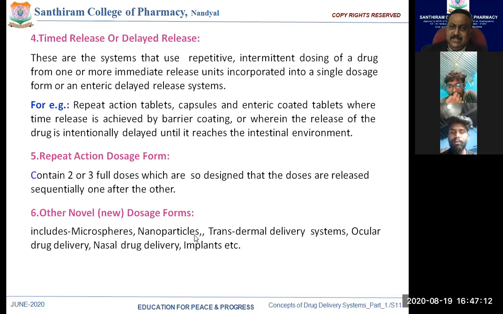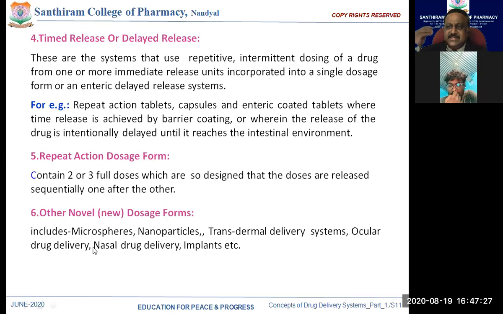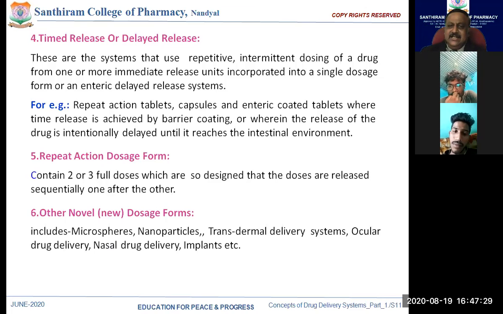Nanoparticles, you are familiar. And transdermal drug delivery system means trans or through the skin, which are administered through the skin. Ocular drug delivery system is through the eyes, right? And nasal drug delivery system is through the nostrils.